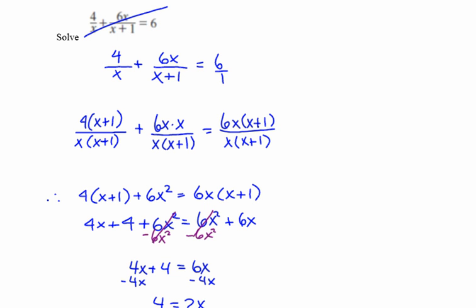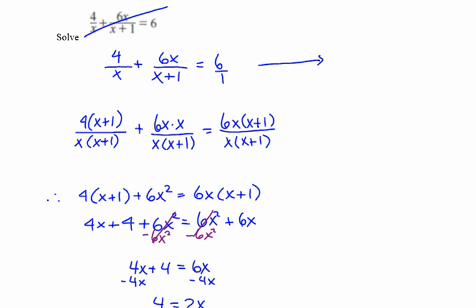Then there might be two solutions, or there'd be no solution. You just have to look at your solutions and see if any of them are non-permissible. If they are, then there's no solution. They're extraneous values.